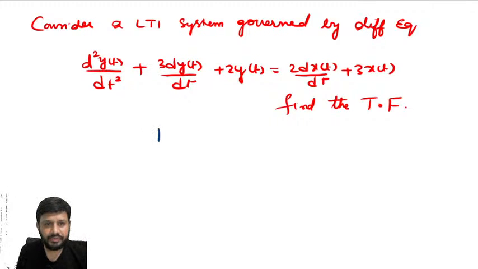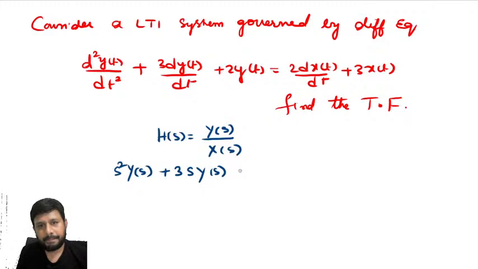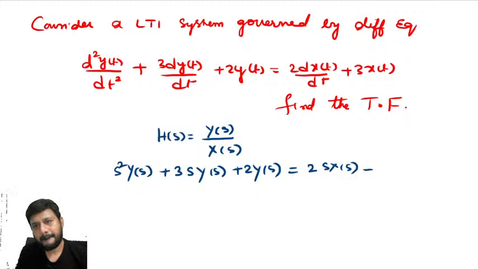Transfer function H of s is nothing but the ratio of the Laplace transform of output to the Laplace transform of input when the initial conditions are assumed to be 0. So applying Laplace and using the differentiation property, s square into Y of s plus 3s into Y of s plus 2 Y of s is equal to 2 times s into X of s plus 3 times X of s.